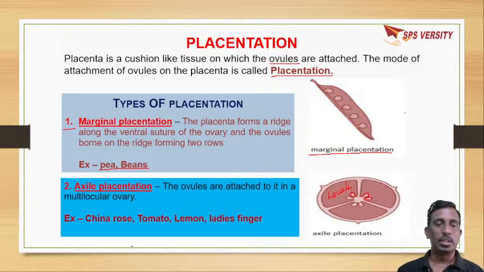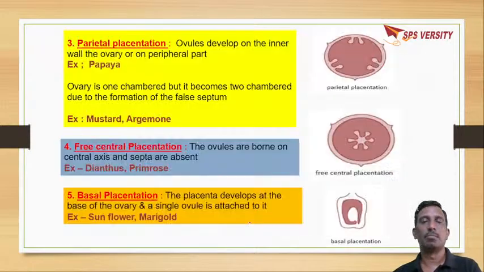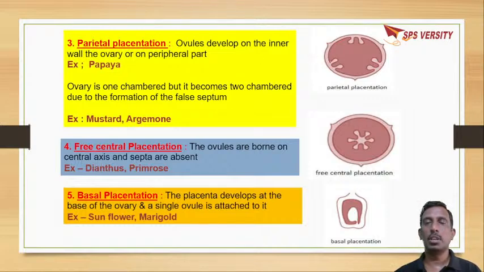Like you can look into this, the China rose, tomato, lemon, lady's finger, bindi इसमें axile placentation रहता. Parietal means periphery. The ovules are attached to the periphery of the ovary.